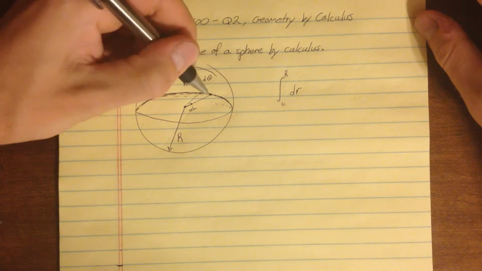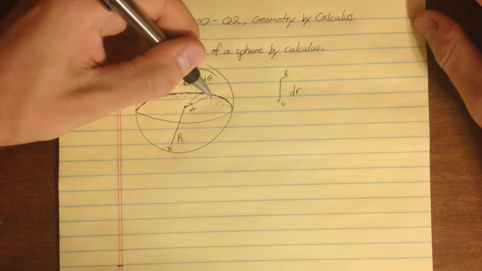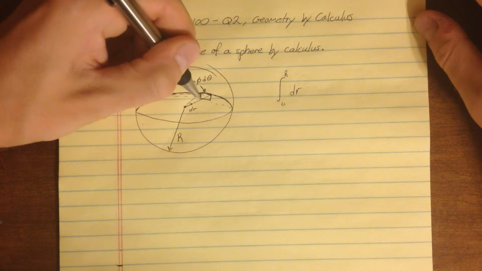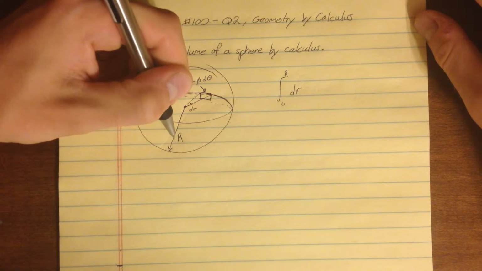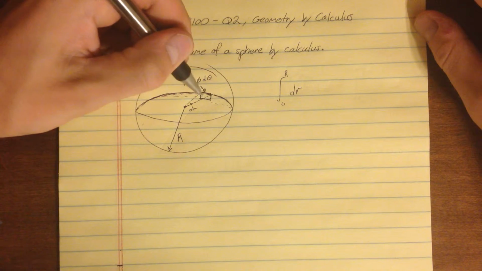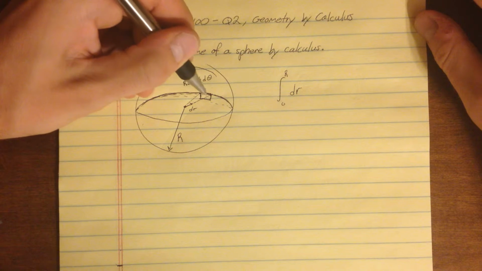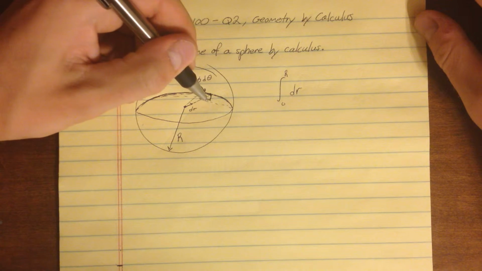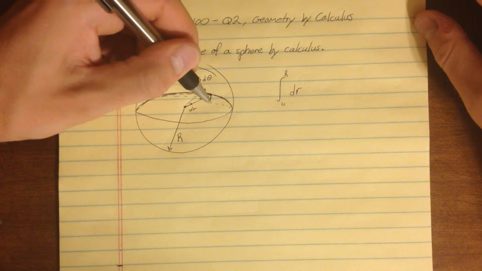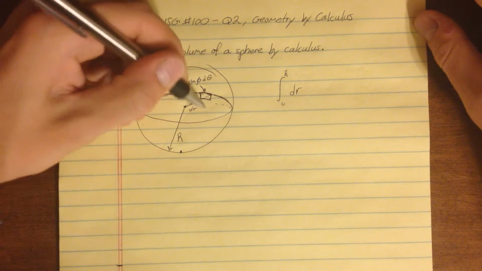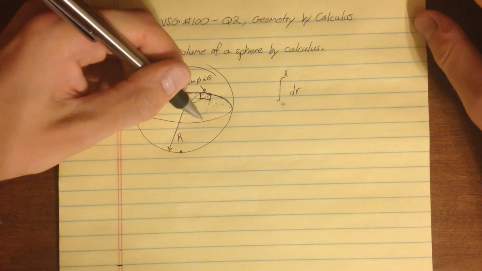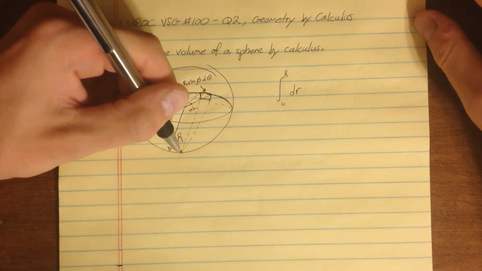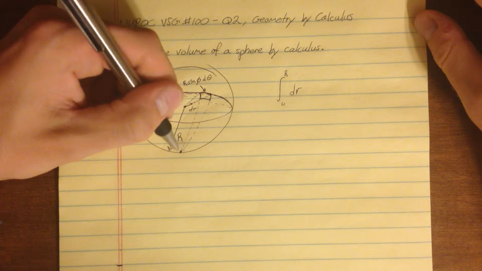The reason for that is, after we sweep out this area, we start to sweep these individual areas from the equator down to the pole, and then up to the pole up here. The width between these two lines going out from the center is going to change. At the equator it's full width, but if one of the poles is down here, this line comes down and this line also comes down, and they join at the pole.